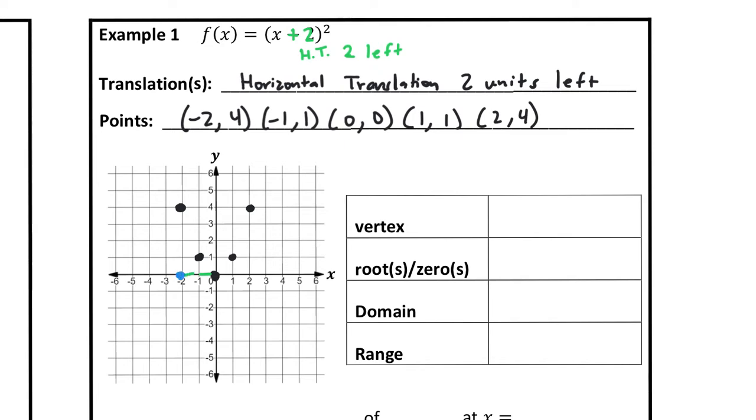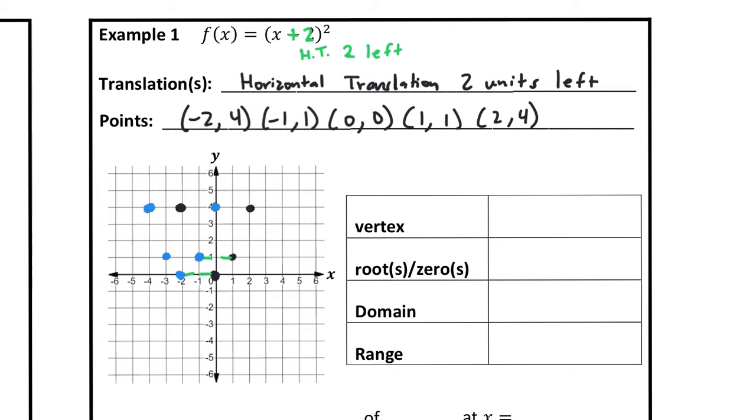So that's going to be here, and then the other one is going to move here. Once I got 0, 0, I'm going to go 1 right, 1 up, then 2 right, 4 up, and then make it symmetrical this way, and go 2 to the left and 4 up.